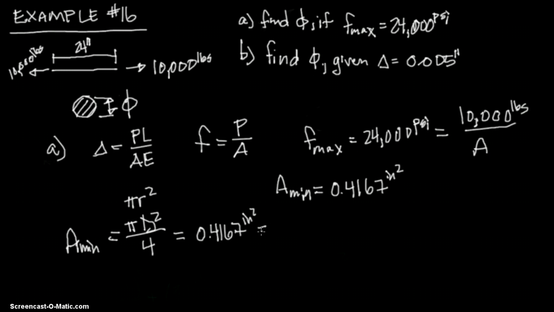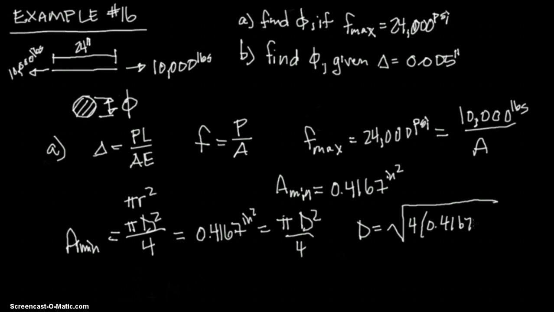And then we have pi d squared over 4, because d is what we're solving for. Now we'll solve for d. Hopefully you'll get this in algebra. If you need to write it out and take a couple steps, you can do that. If you solve for d, you need to get the 4 over here, so it's 4 times 0.4167 inches squared.